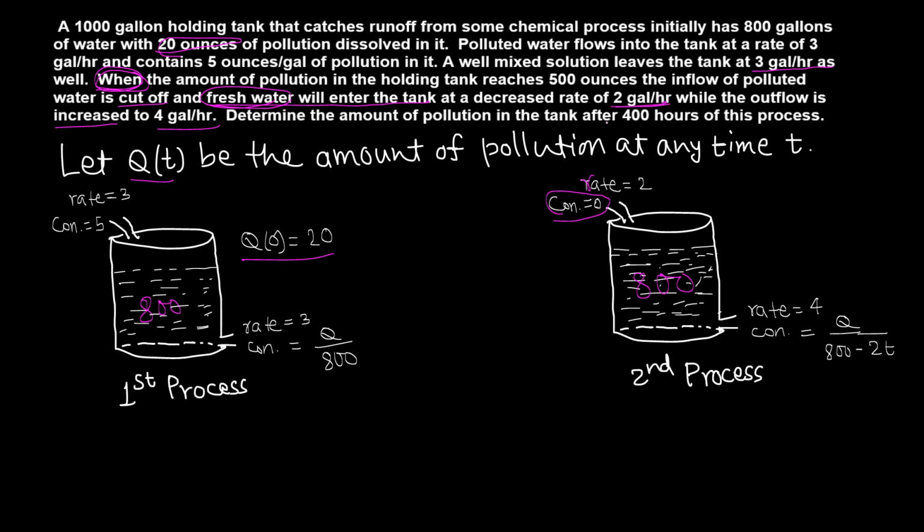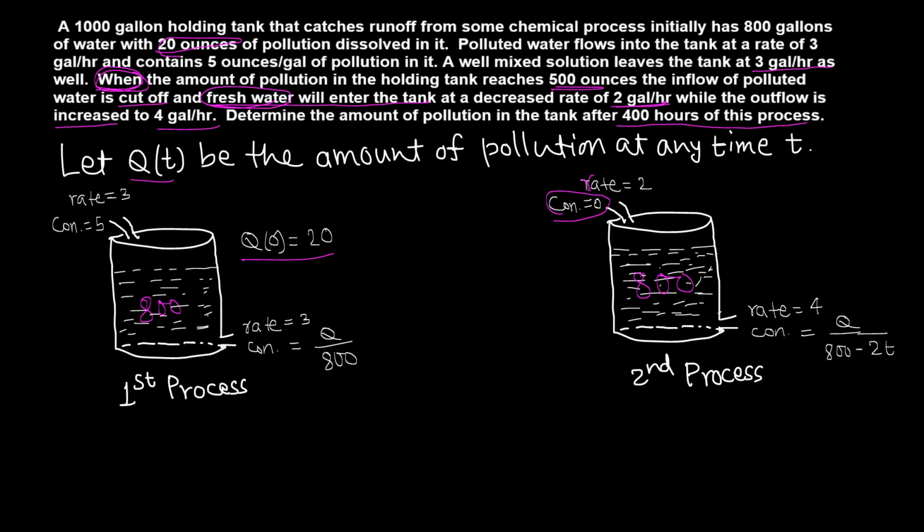And if we read this, determine the amount of pollution in the tank after 400 hours of this process. It's the same tank, so 400 hours. We don't know how long it takes to get 500 ounces. So we need to find the time when the pollution becomes 500 ounces. Then the second process starts.